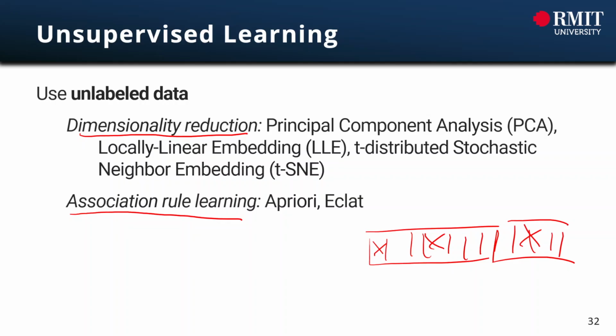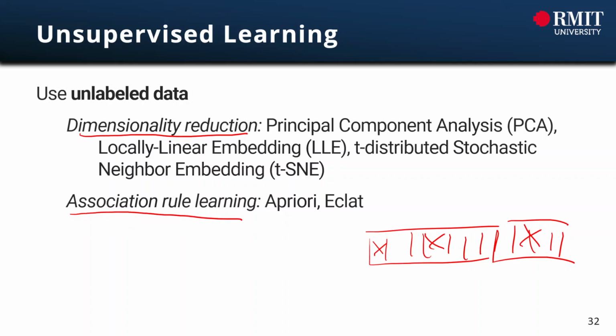And association rule learning, like in the supermarket, they need to design the layout, right? The vegetable area should be put next to the other food area, or next to the domestic area, or next to the beverage area. To decide the layout of the market, I'm giving one example, we need to find out the rules of buying things.